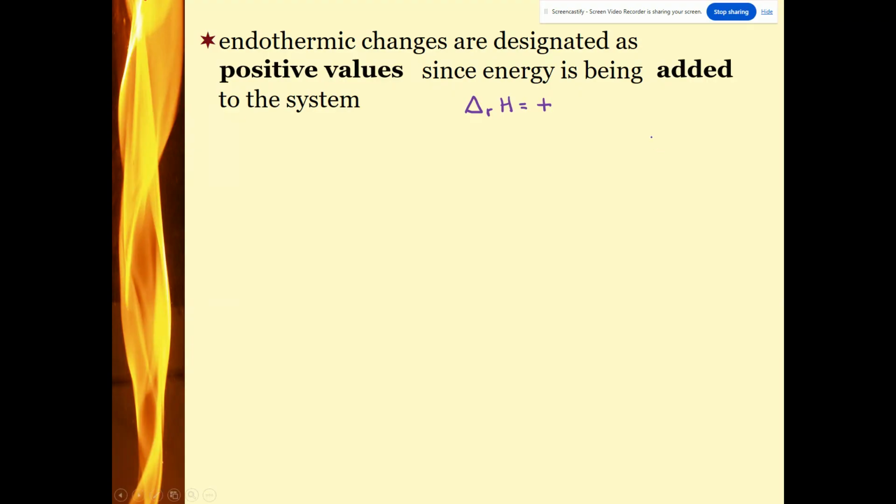Remember in the last lesson I said we didn't really worry about a positive or negative in our answer, but with enthalpy we do. We do need to show whether it's an endo or exothermic process, and endothermic processes are always positive energy changes. So you'll have a positive in front of your value measuring, like I said, usually a quantity in the range of kilojoules.